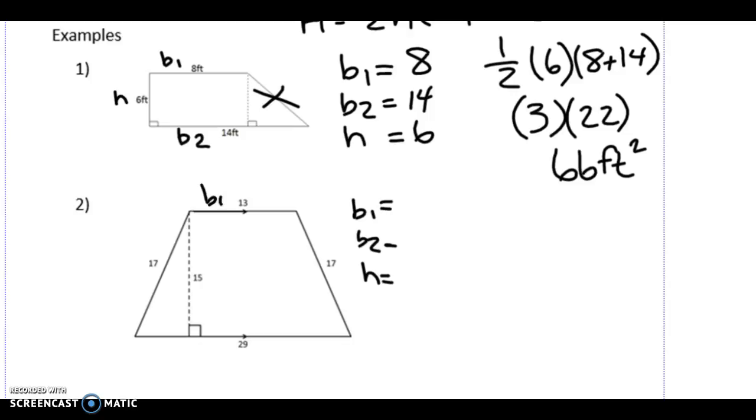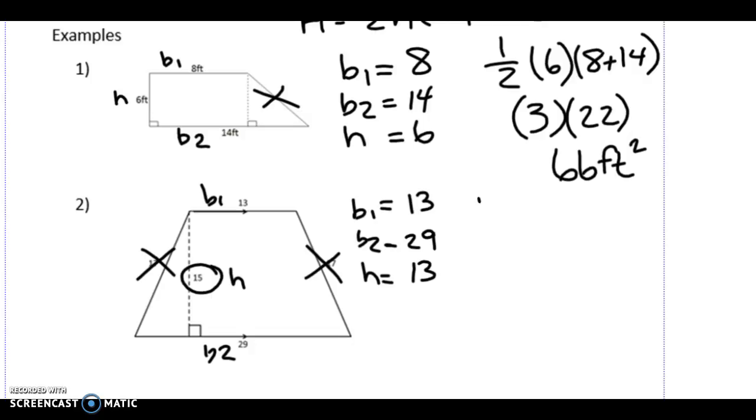B1 is the top, B2 is the bottom, and our height, remember, is the straight side, not the angle. This gives you a misconception on what the actual height is. So B1 is 13, B2 is 29, and the height is 13.